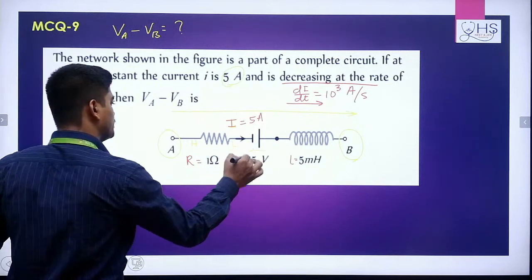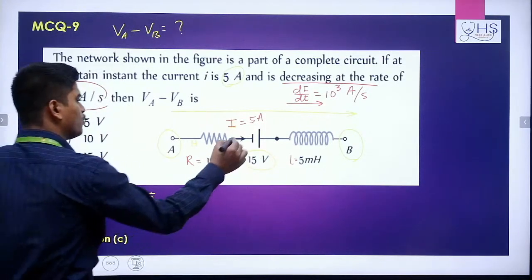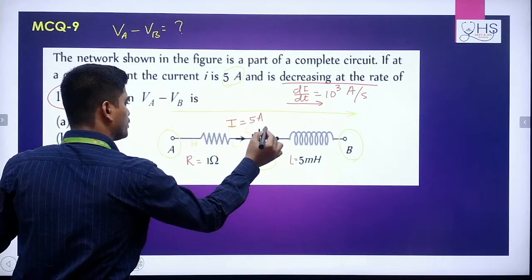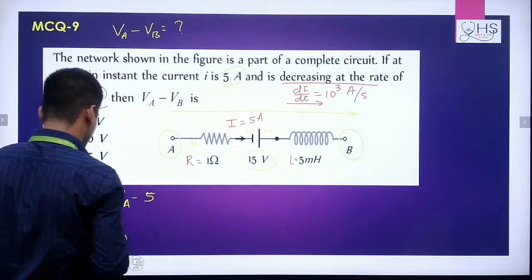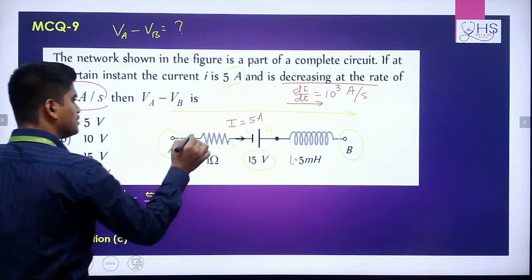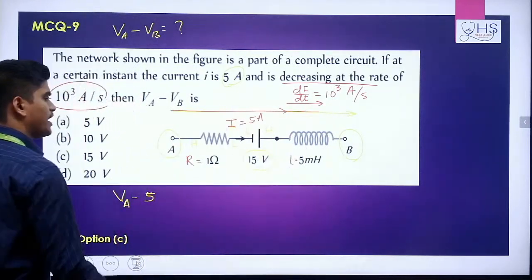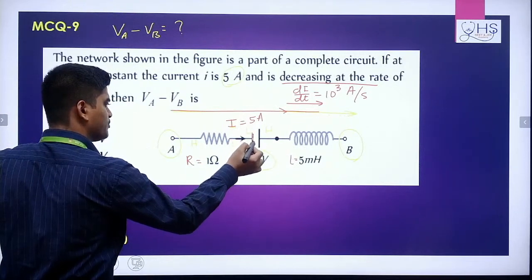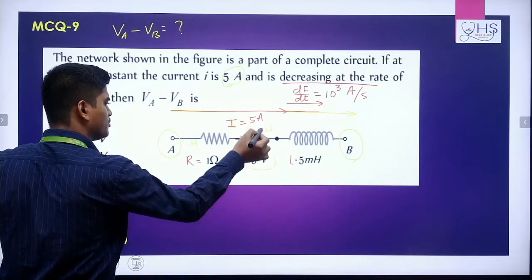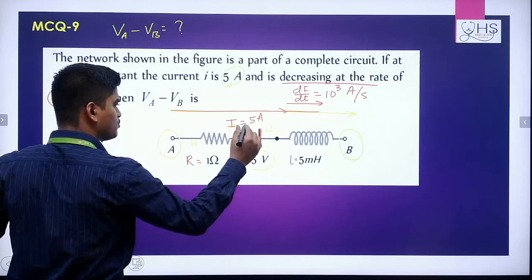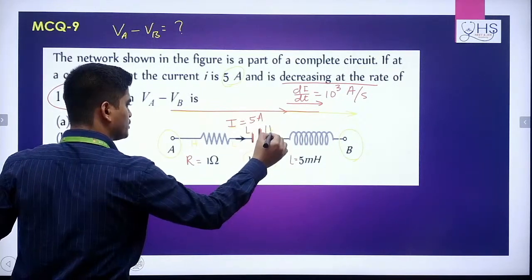Now here it is a 15 volt battery, and you are going from lower potential to higher potential. This is your path actually. Try to understand. In this path you are moving, and here one cell is coming. This cell's negative terminal, this is the positive terminal. When you are going like this, you are going from lower potential to higher potential.